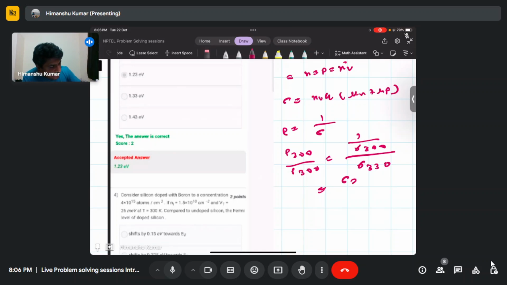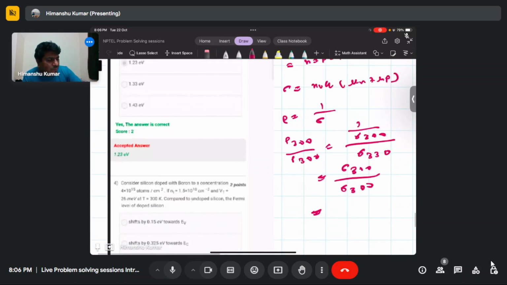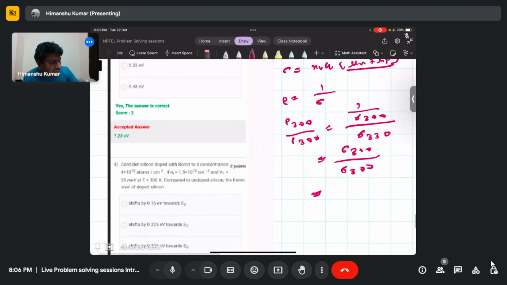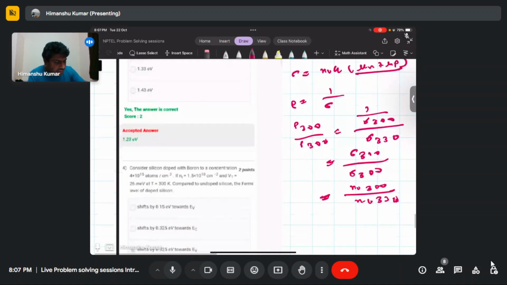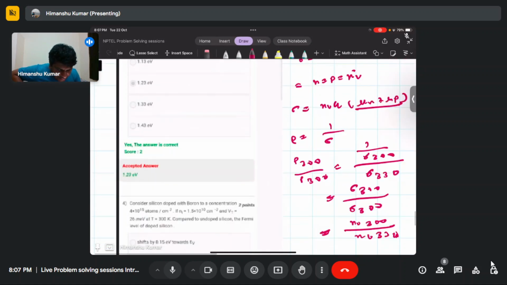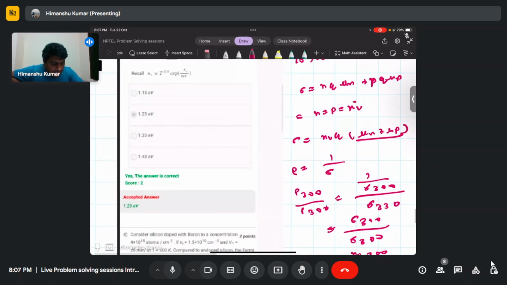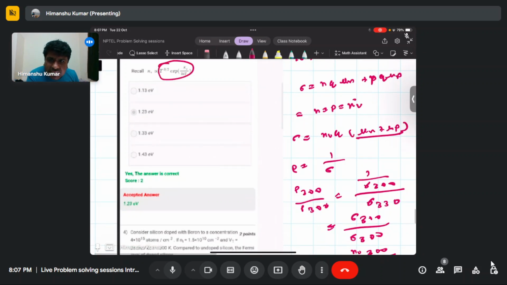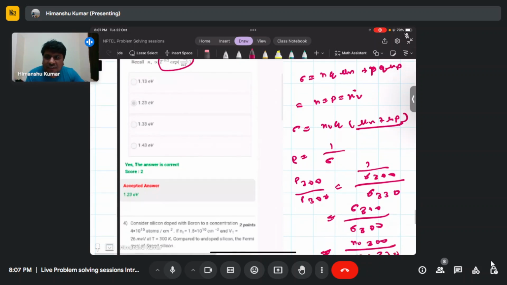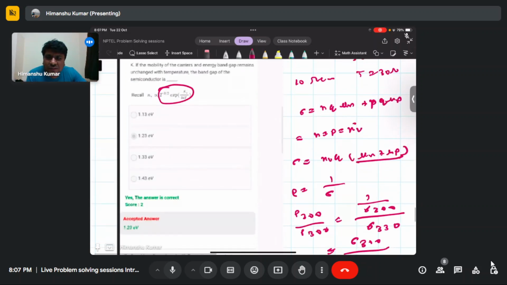Because mobility and band gap are given as constant, this will be proportional to ni at 330 Kelvin divided by ni at 300 Kelvin. The left hand side is given, so you can calculate the band gap. Different temperatures are given, and band gap is constant. The ni expression you can take like this, and the other constant factors will get cancelled. Only this factor you need to take.